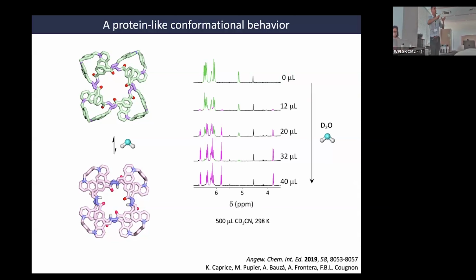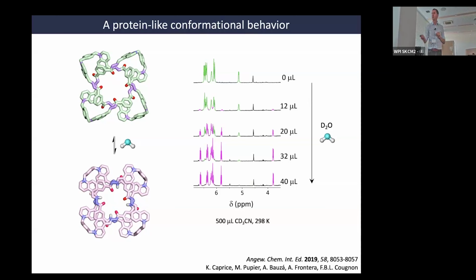Usually when the switch is driven by change in polarity of the environment, you need to add significant amounts of water, like 50%, 70%. And this actually only corresponds to 7%, which is very little water. And so this made us think that maybe the change in polarity was not the only driving force for these conformational changes.